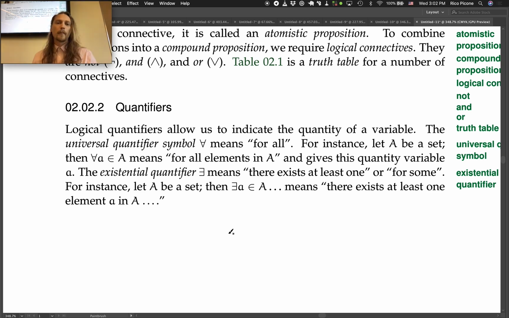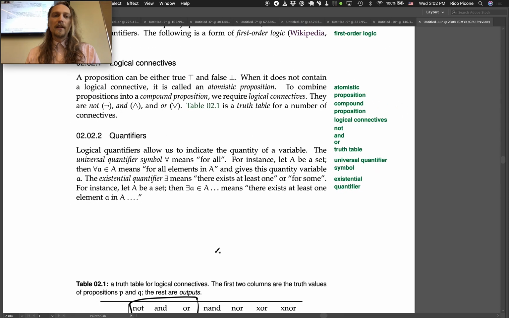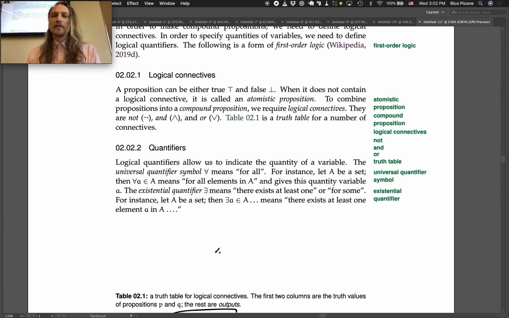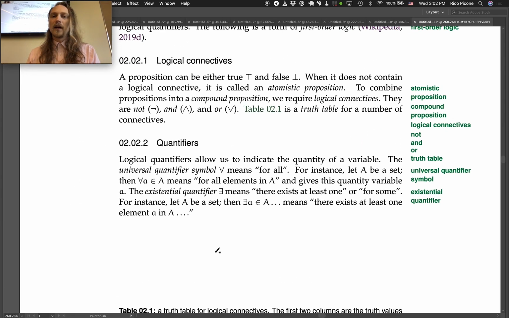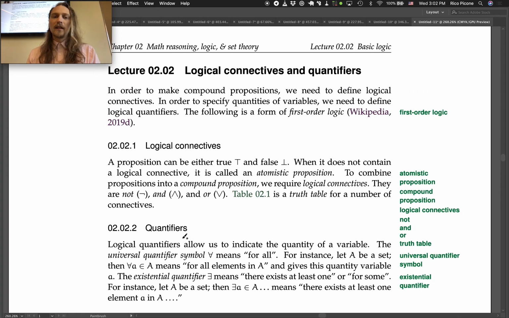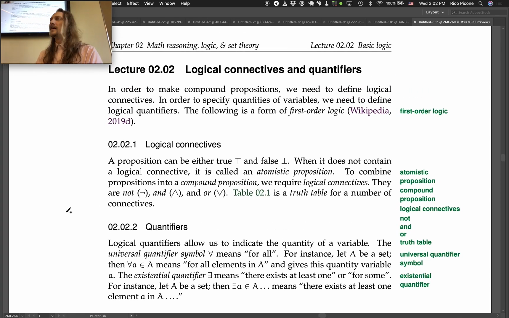So okay, so these are the basics of logic, of first order logic, and obviously they have applications in pretty much any sort of mathematical reasoning.